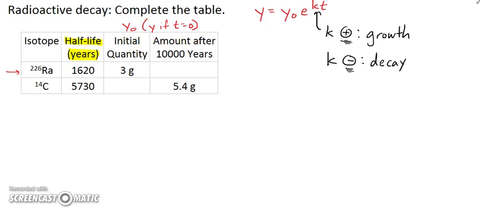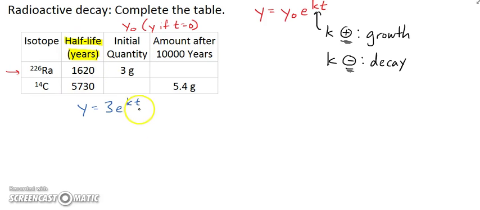I think I can use this column to find k, because if y equals 3 e to the kt, I know what y sub 0 is now. I know the amount of time it would take for half of that amount to show up.